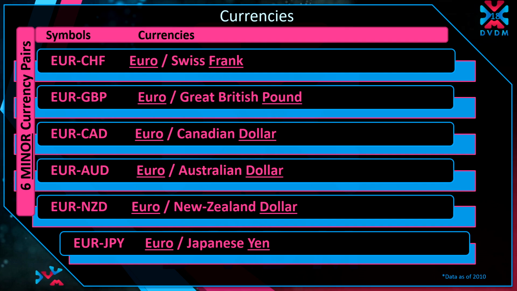These are the 6 most widely accepted, the euro being the second most traded currency from a liquidity standpoint in the world. These are the 6 most widely accepted, but there are many more, right? Any combination of major currency combination would form the base of that.